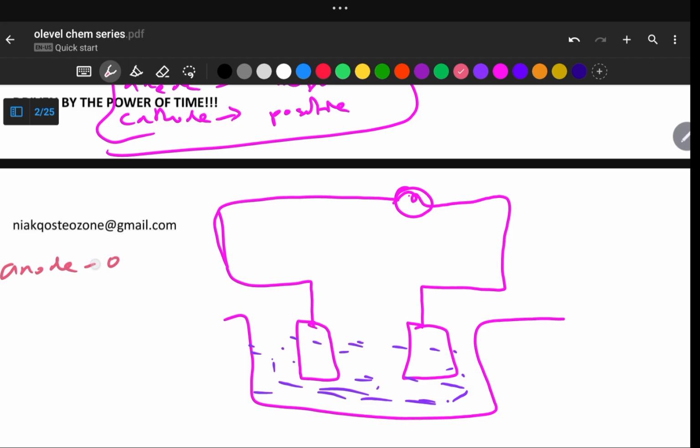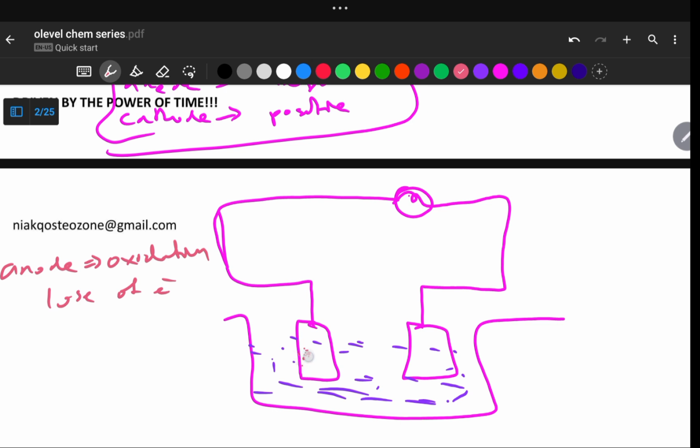So we said the anode is where oxidation takes place, and we defined oxidation as the loss of electrons, right? Are we together, guys? So here we are going to lose electrons. We are going to have an excess of electrons so that we can lose them.